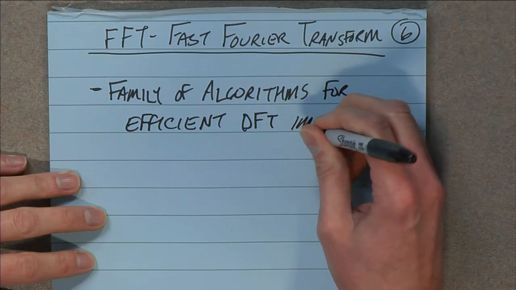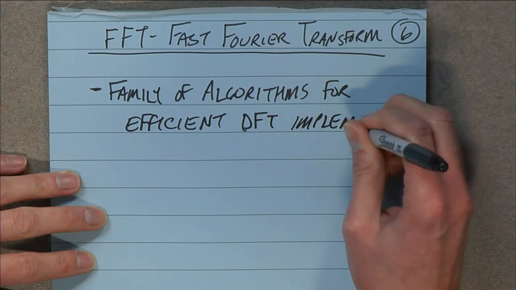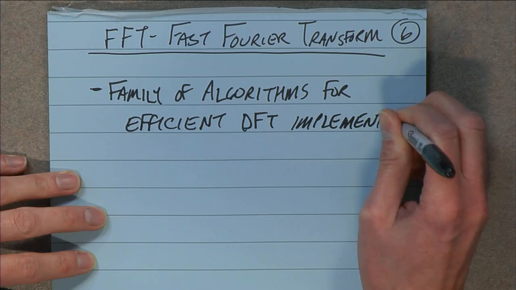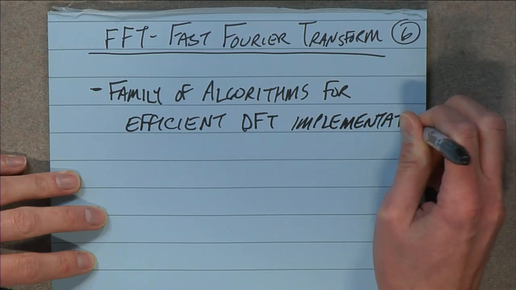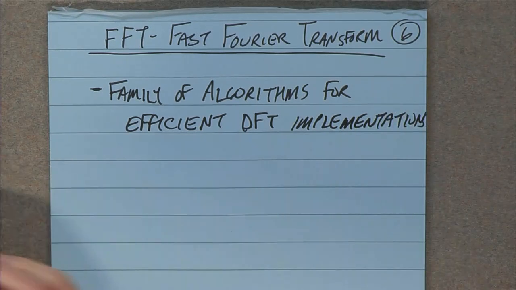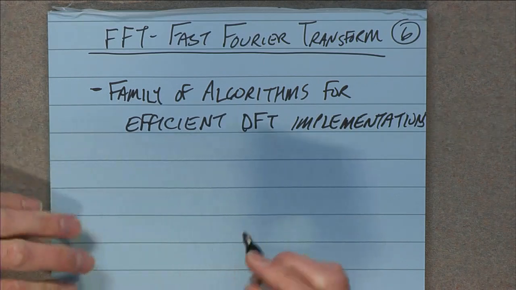I'm going to use the word implementations, which is a little bit long, but because nowadays it even goes beyond just the slick mathematics and clever tricks to reduce the number of computations.